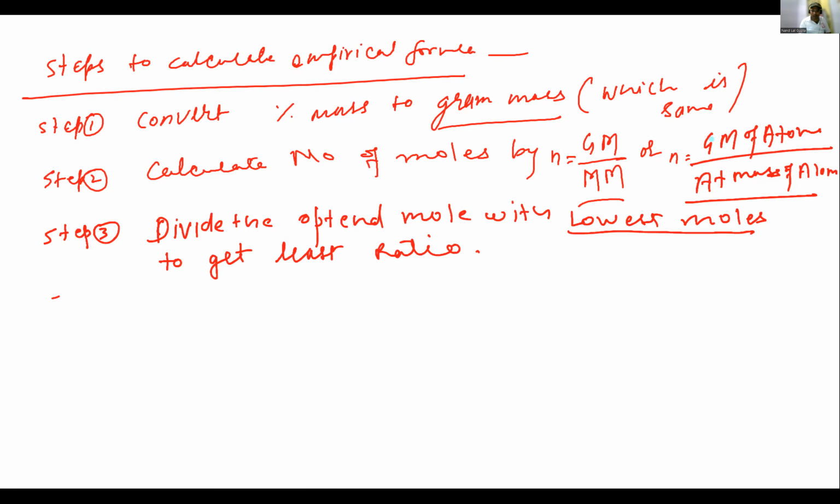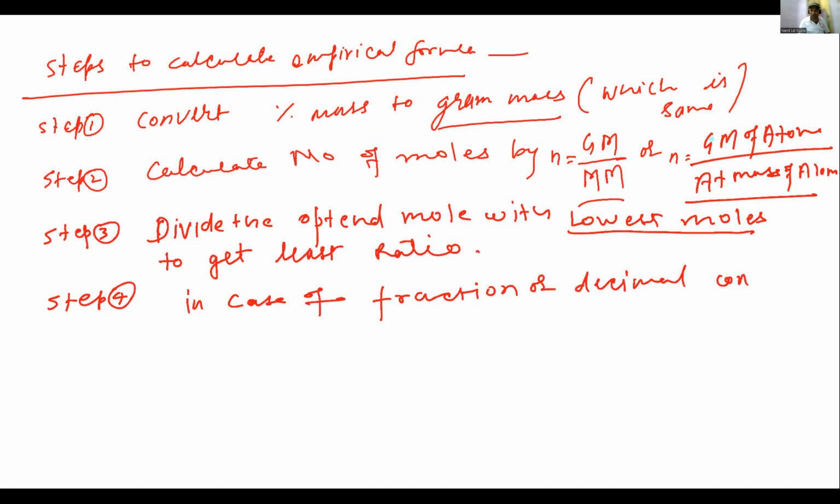Now step number 4. In case you are getting a fraction or decimal, convert it into the lowest whole number ratio.